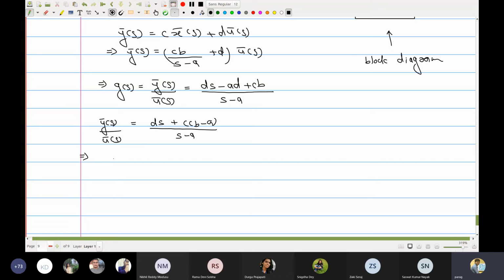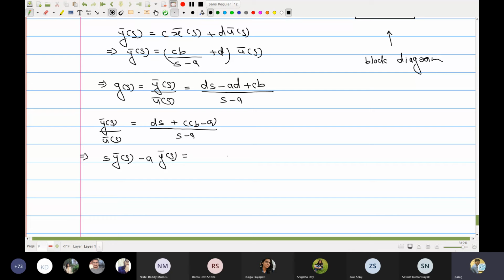What I do is s y bar of s, and I'm sure you understand why this particular thing is being done, minus a times y bar of s, right?